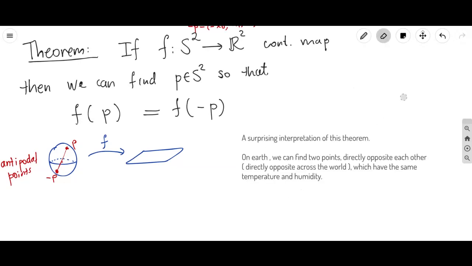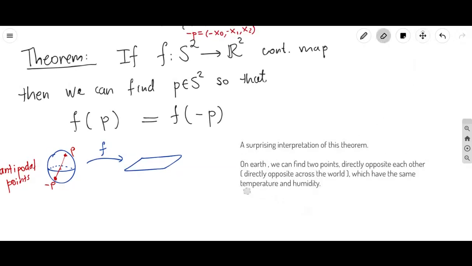Which is kind of surprising, because if I told you that on Earth right now you can find 2 points that are directly opposite each other and they have the exact same temperature, that's pretty interesting. But we're saying even more than that. Not only can you find 2 points that are directly opposite each other with the same temperature, but their humidity levels will also be the same.